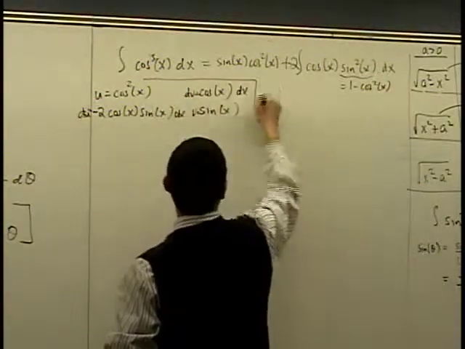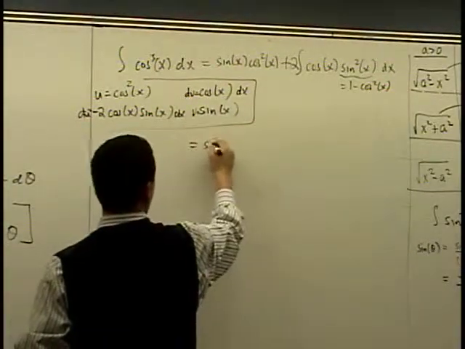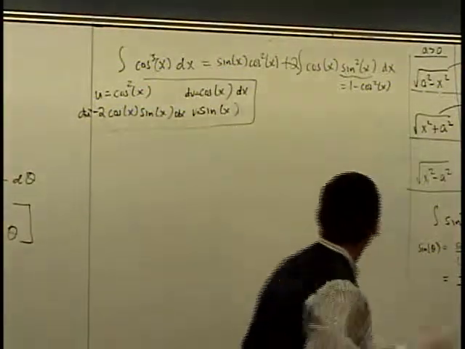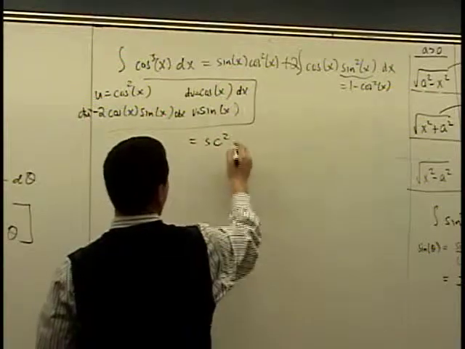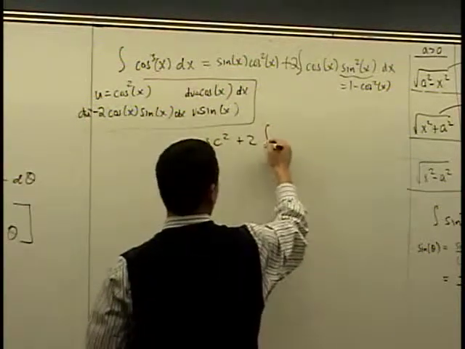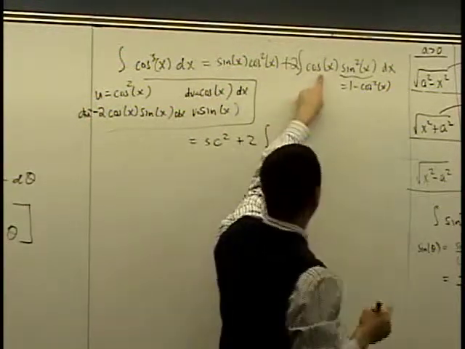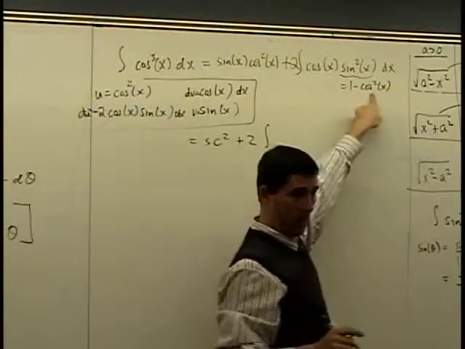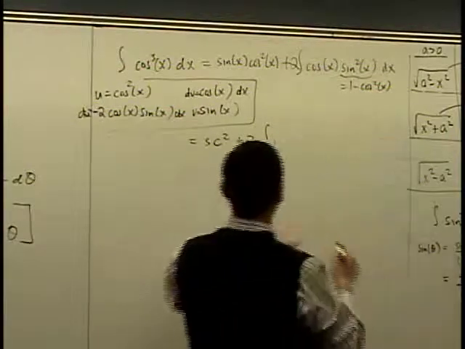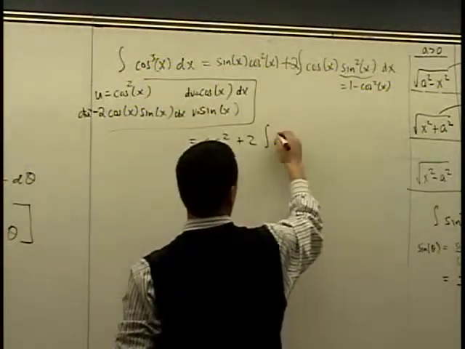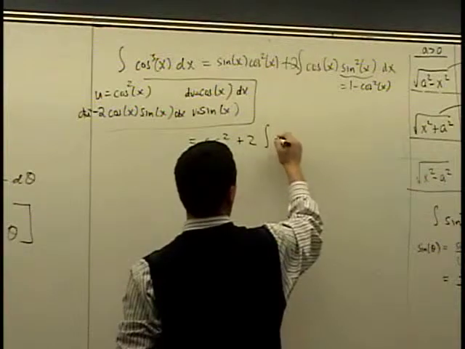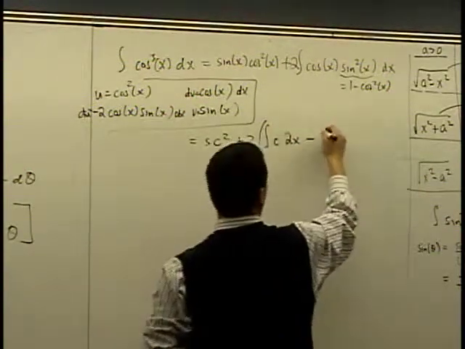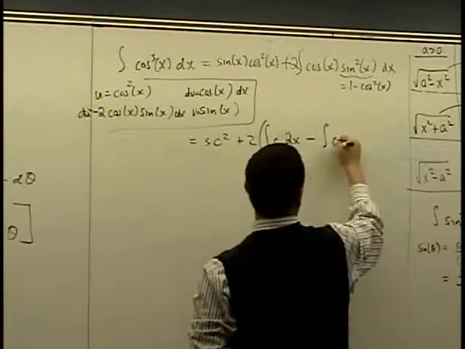So this is going to become, well, let me see. Let me go into my SC notation. SC squared plus 2 integral of, okay, we're actually going to get 2 integrals. Cosine times 1 and cosine times minus cosine squared. So we just get the integral of 1 times cosine, right, minus the integral of cosine cubed.